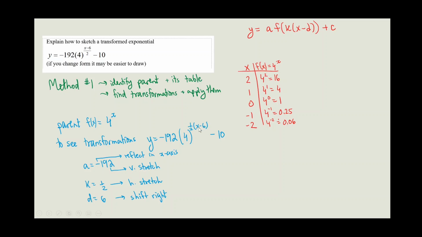So inside of the exponent, we have a subtraction of 6. So the d actually is a positive 6. And being positive is going to shift it to the right. And then a number outside of a function that's added or subtracted would be a shift up or down. And then here we have subtract 10, and that's a shift down.